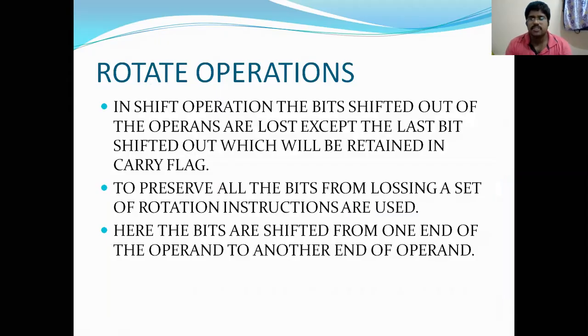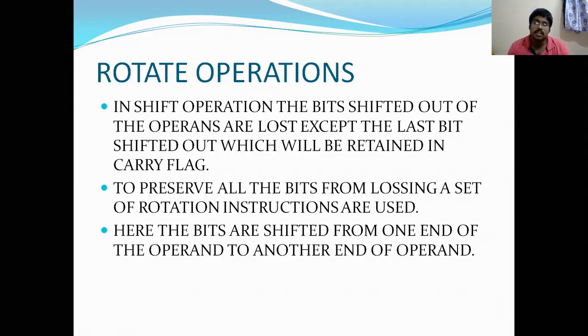So what is the major difference between shift and rotate operations? In the shift operations, if you observe carefully, the bits are missing. We are missing the bits either from the MSB side or LSB side. Whenever you are performing shift right operations, we are missing the bits from the LSB, that means right side.